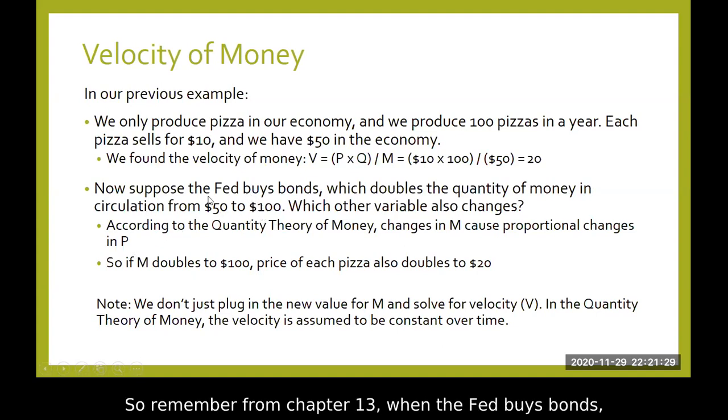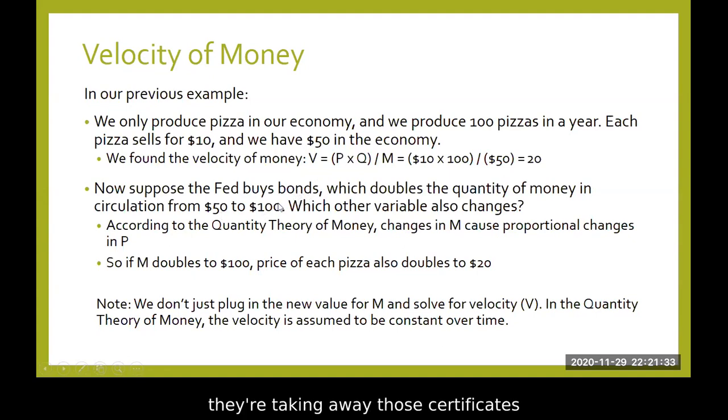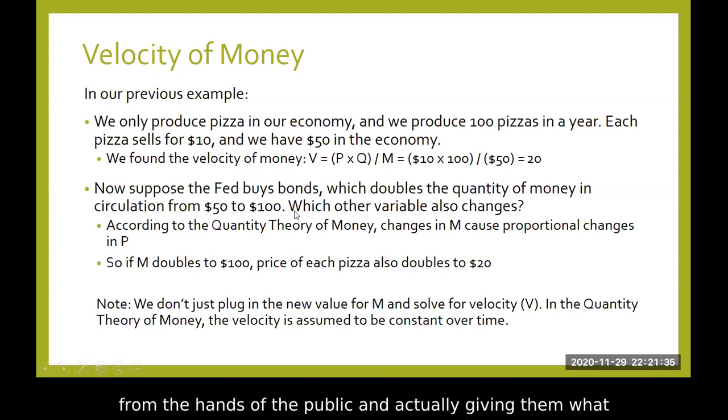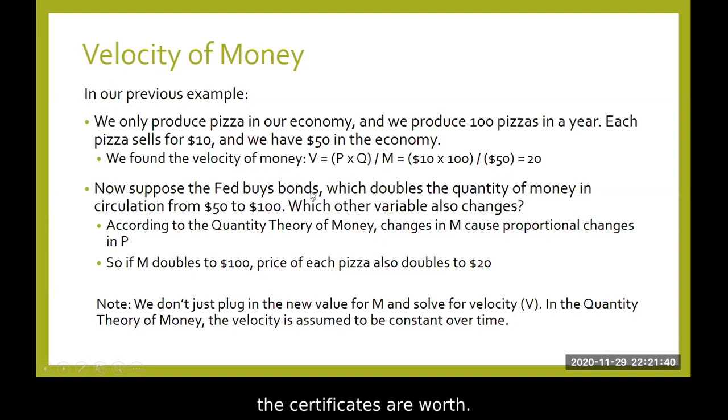Remember from chapter 13, when the Fed buys bonds, they're taking those certificates from the hands of the public and giving them what the certificates are worth. So when the Fed buys bonds, it puts more money into circulation. Here this action will double the quantity of money in circulation from 50 to 100. So which other variable then also changes?